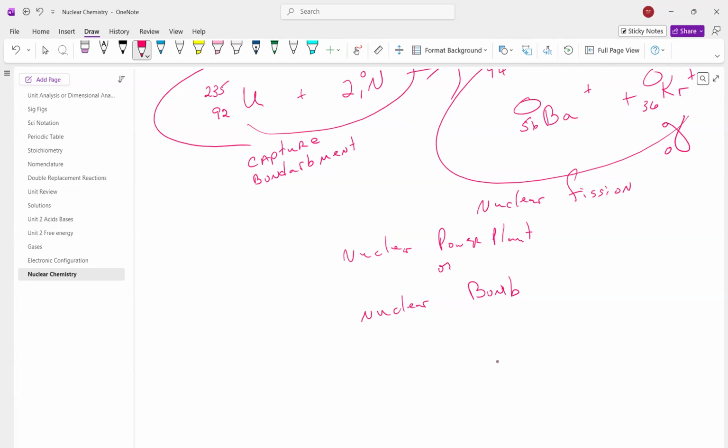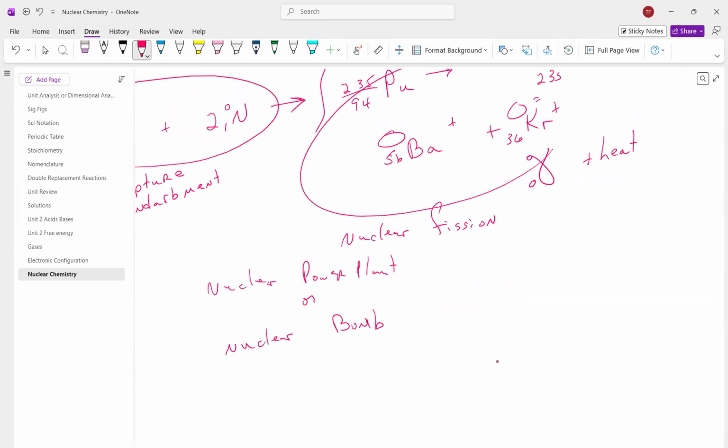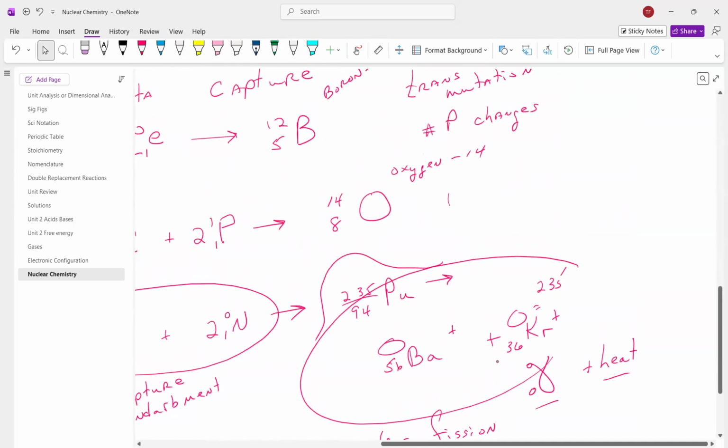And also they want to control the radiation being given off because things become more stable, and that energy is also manifested in heat. So we have gamma radiation and heat additionally. That's not part of balancing the equation. Every one of these reactions.